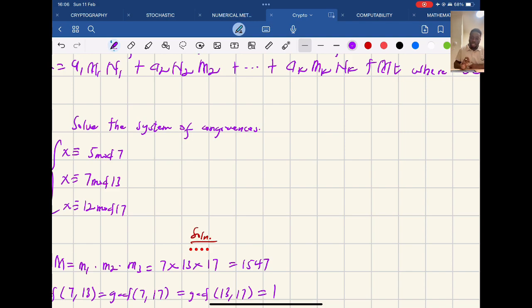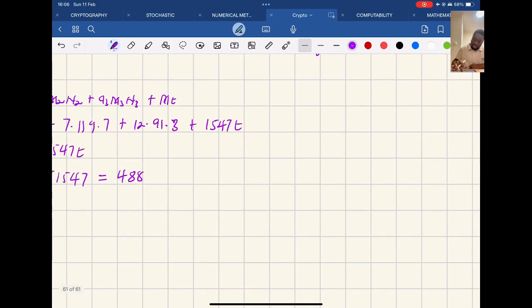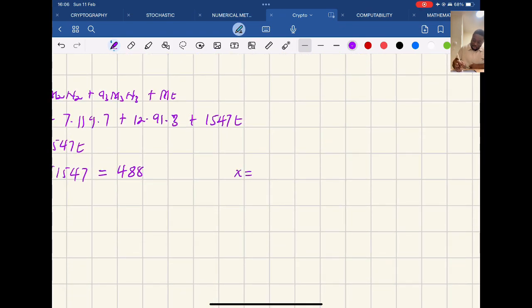If we want to see that indeed this is right, we can interchange the 488 and the residue.